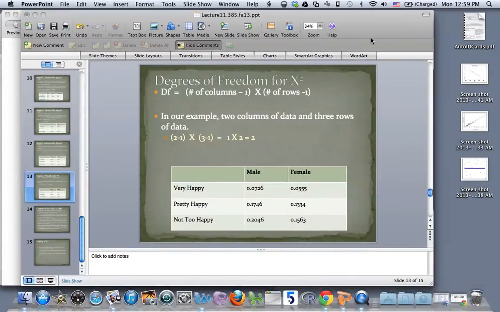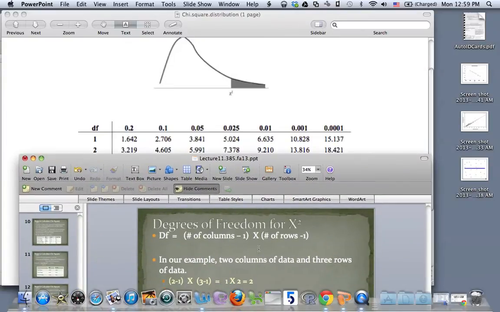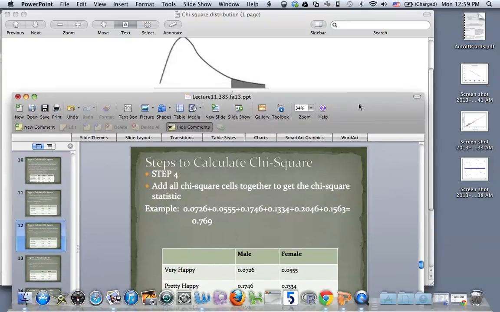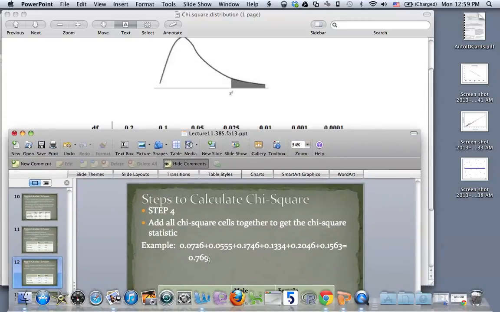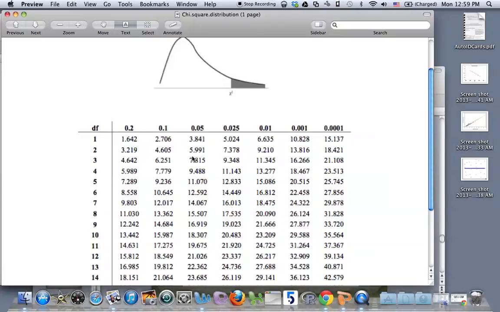At least 5.991. But if you look here, our chi-square is actually 0.769. So 0.769 is less than 5.991, okay?